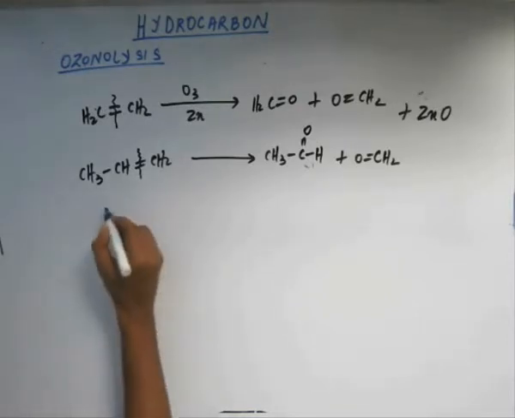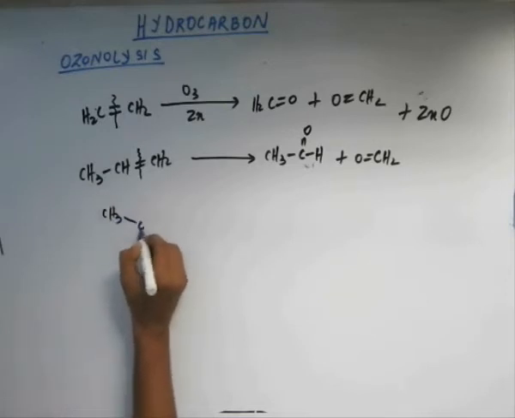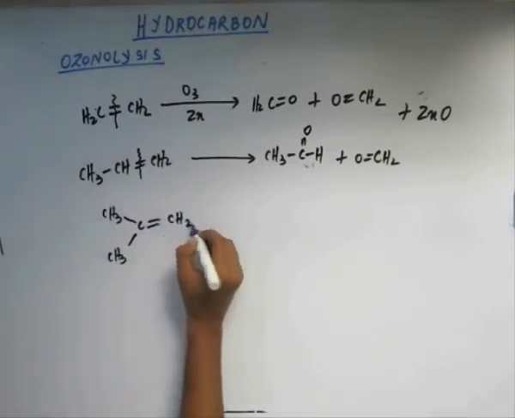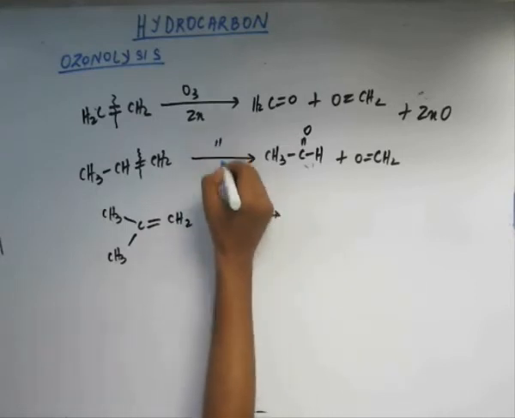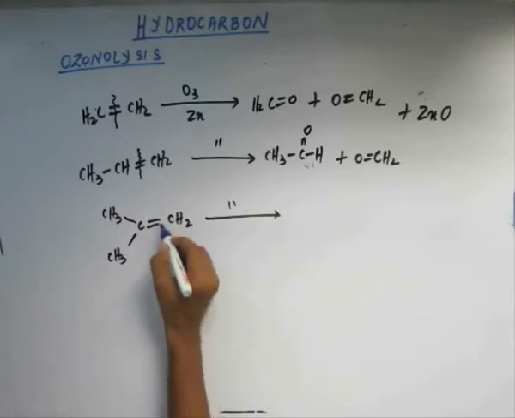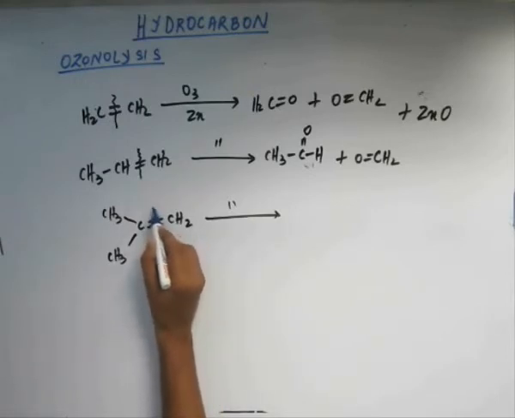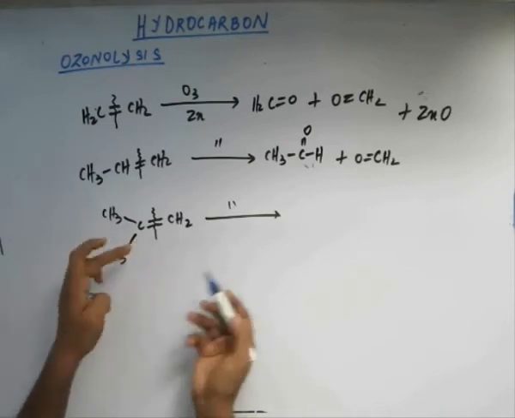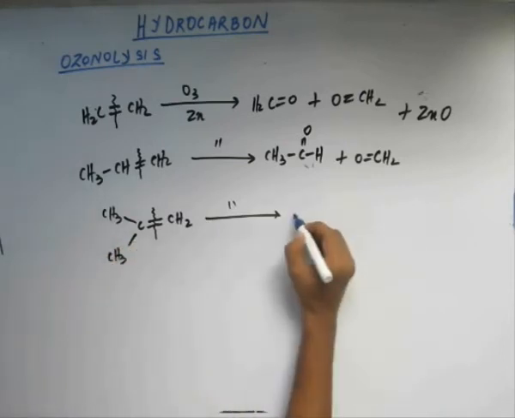So let's see another alkene. Suppose we have isobutene, and we are carrying out reductive ozonolysis with it. From now on you should give me the answer before I write it. You'll do exactly the same thing. From the left hand side, if you add C double bond O to this carbon, what would you have?